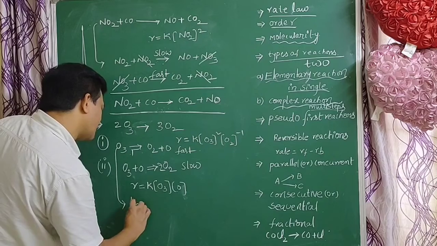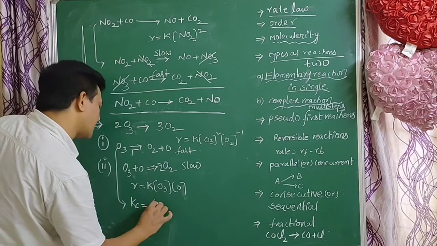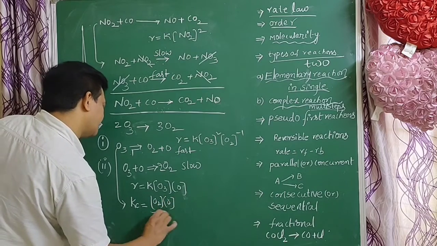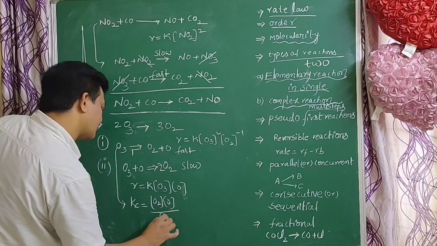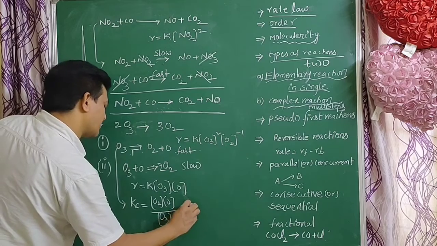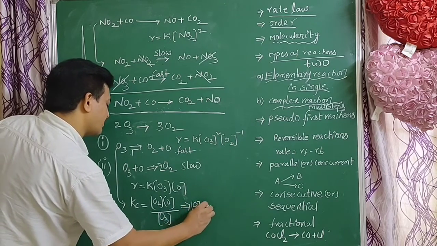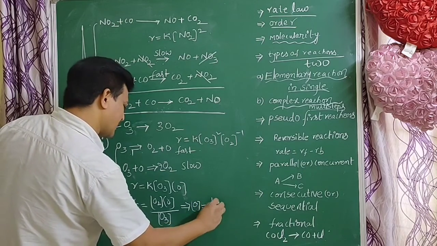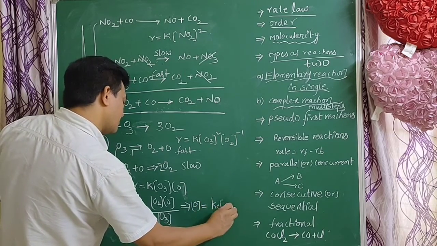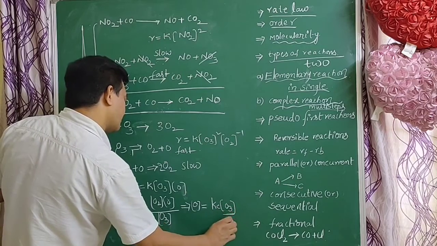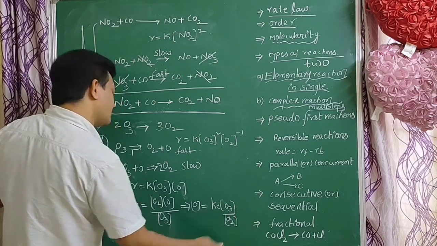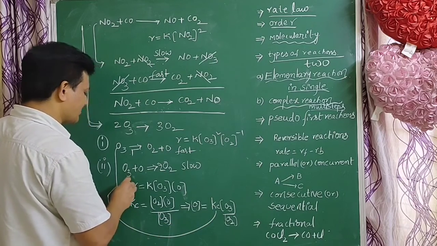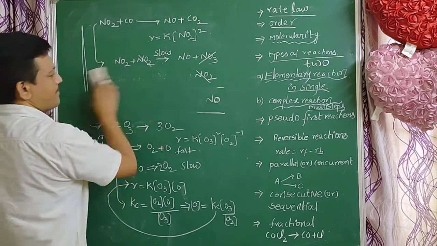So the equilibrium constant Kc equals concentration of O2 into O by concentration of O3. So the concentration of O equals Kc into O3 by O2. This value is substituted in the rate equation to get the final equation.